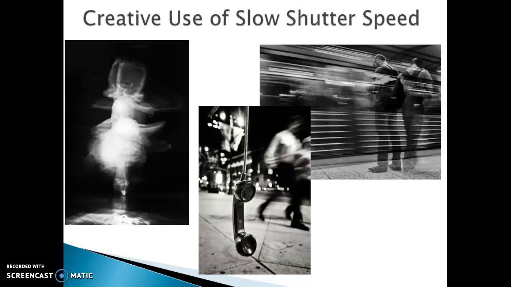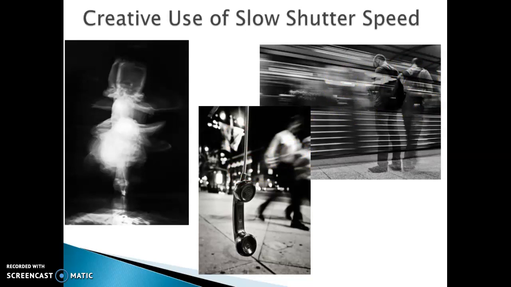Moving objects can create some really interesting blurred effects with that slow shutter speed. This dancer, or you, the photographer, being stationary and looking at a stationary object, you can see the people walking by are blurred, or here at the train.